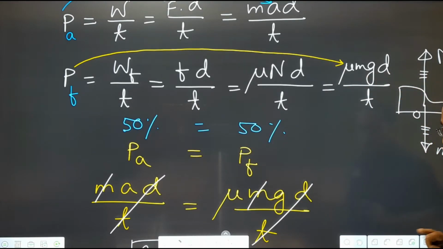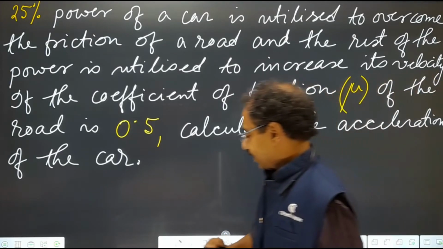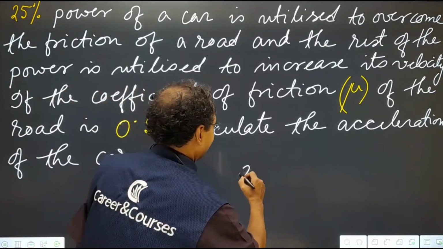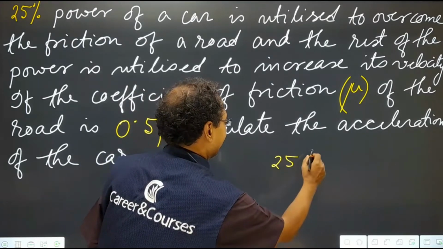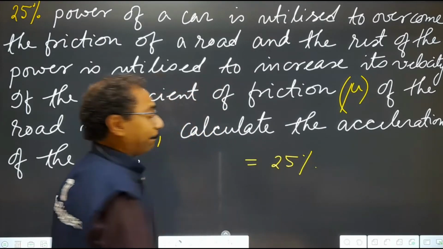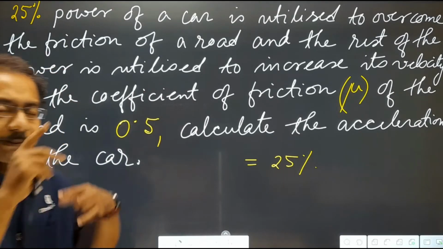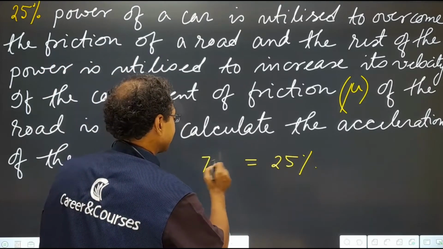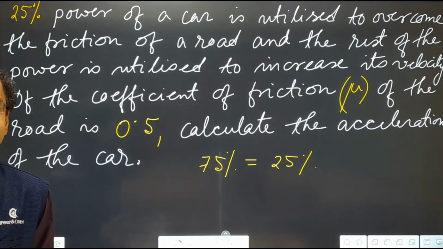But in the next question, what are we getting? In this case, you just see the power to overcome the friction is 25%. That means the power to increase the speed of the car, the power to accelerate the car, must be 75%. Can we now write 75 equal to 25?